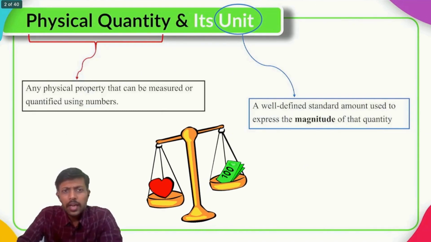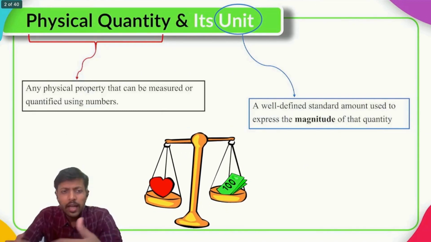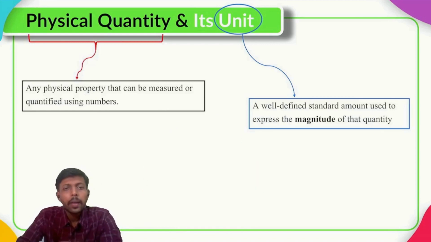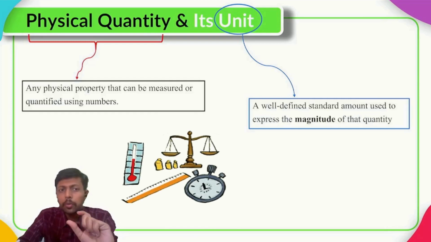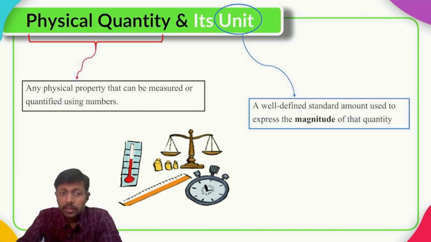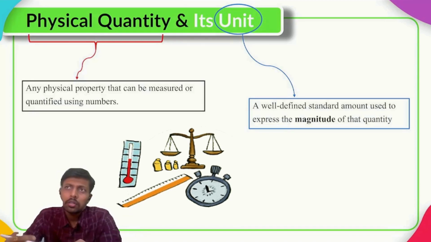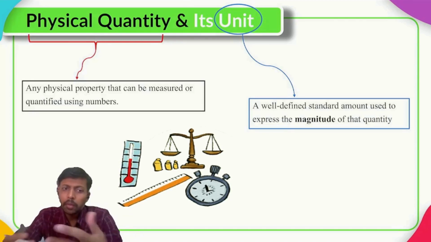We'll try to understand what physical quantities are as opposed to, let's say, abstract quantities. A physical quantity is anything that can be measured. We can put a number to it, like the length of a table, or the weight, mass of something, okay?